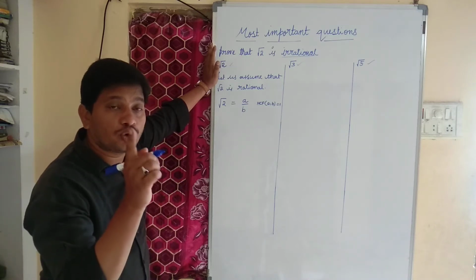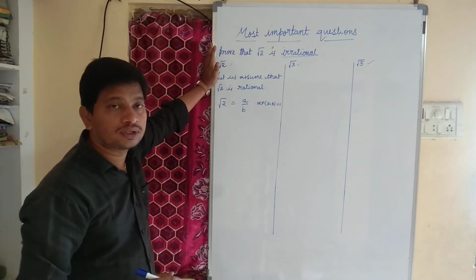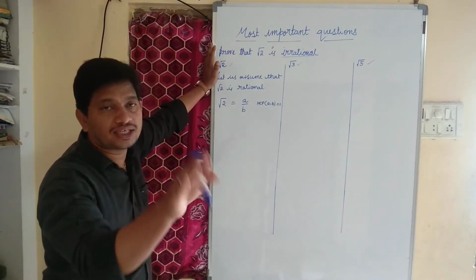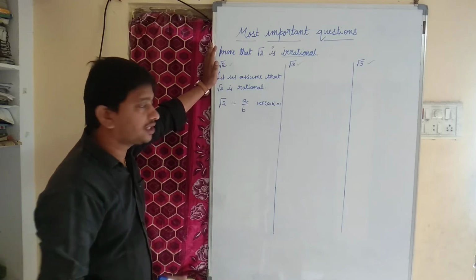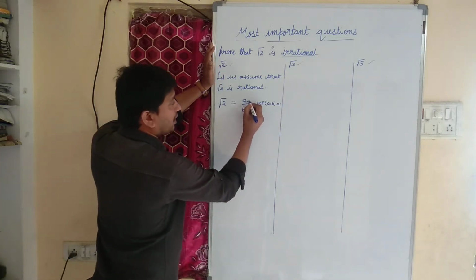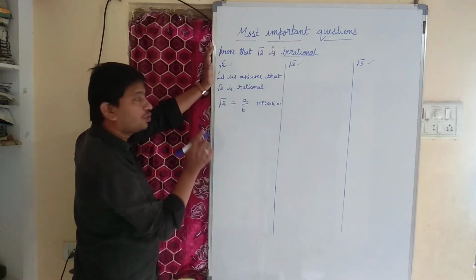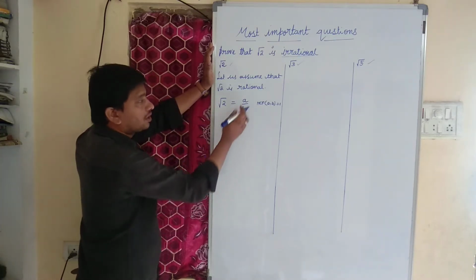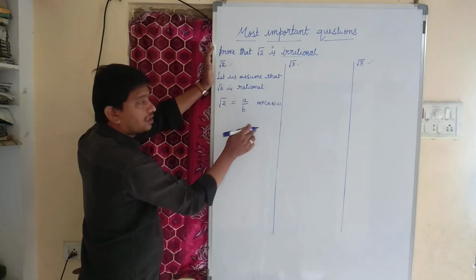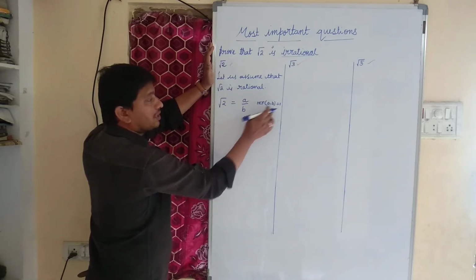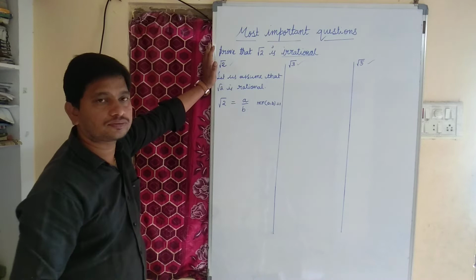They must have only common factor 1. Then only it is a rational number. Is it clear, children? Both a and b should be co-primes, nothing but HCF of a and b must be equal to 1.